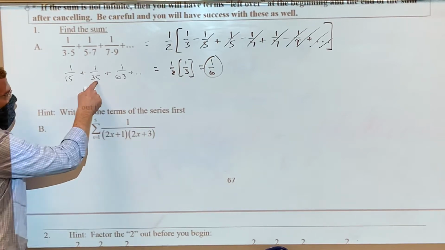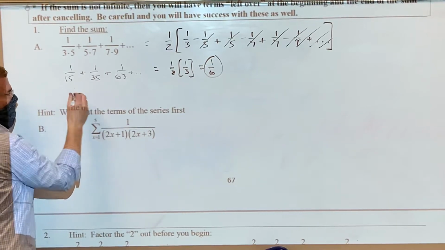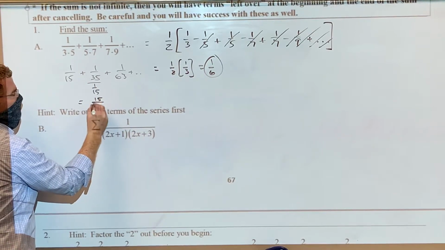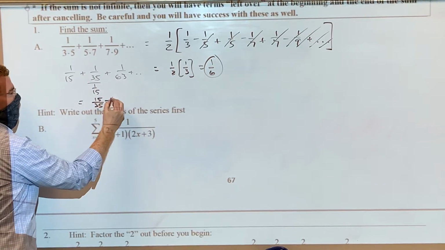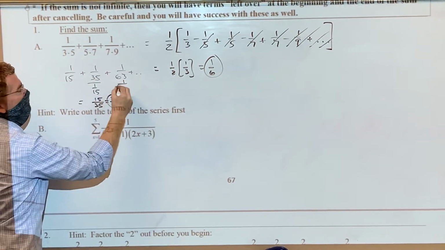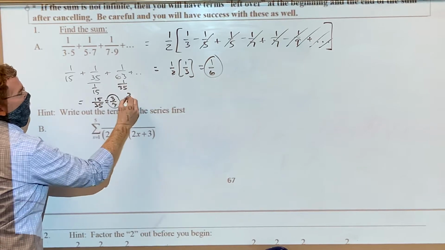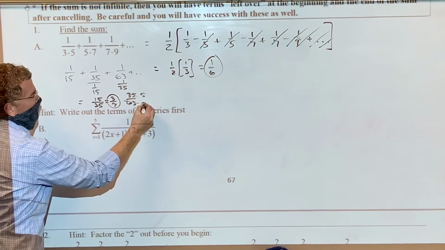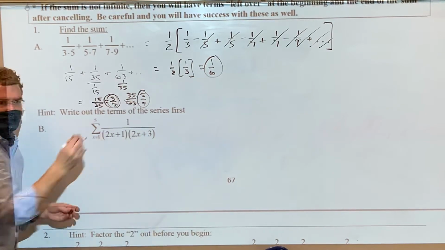So I'm going to put that over this. If I put that over this and multiply by the reciprocal, I get 15/35, which is 3/7. But if I put that over this and multiply by the reciprocal, I get 35/63, which is 5/9. Those aren't the same, so it's not geometric.